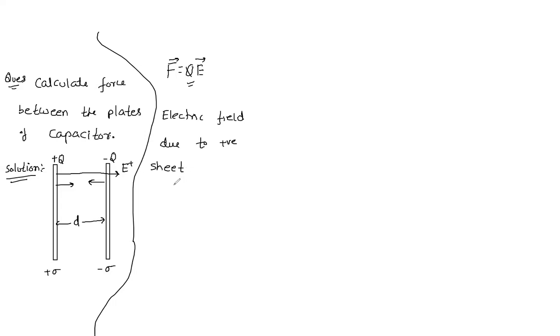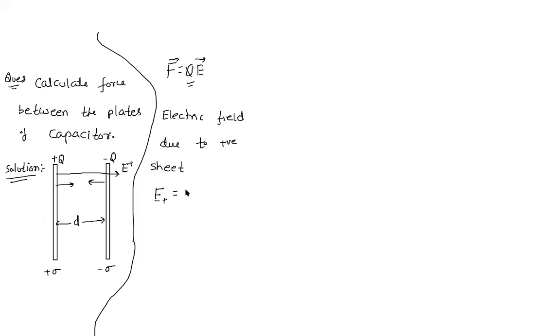Afroza, what is the value of electric field due to one positive sheet? I used this many times yesterday. Joanna, what should be the value of electric field due to this one sheet?